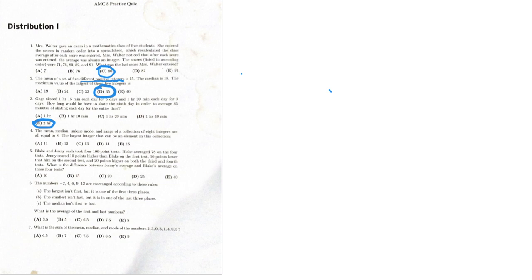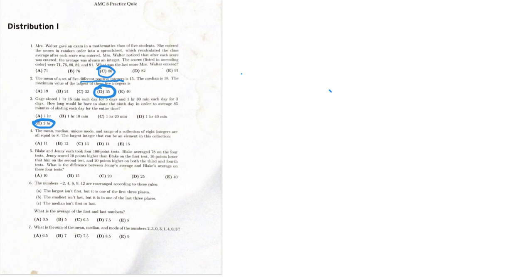First, we talk about the median. The number of numbers is even, so the median equals the average of the middle two.